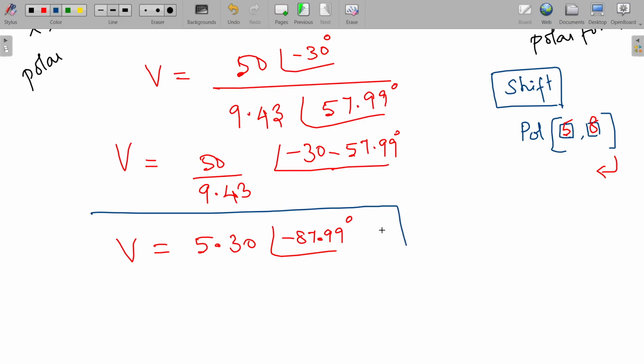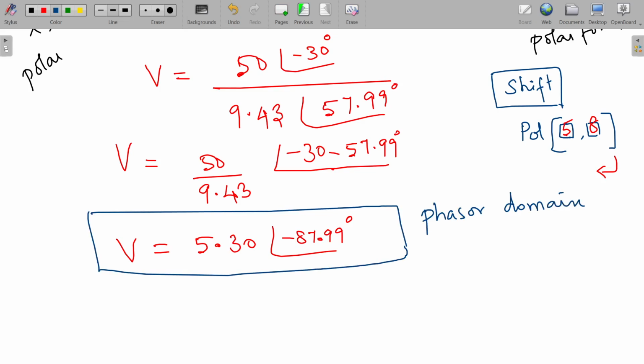But this is in the phasor domain, and we need to have it in the time domain. So how do you write it?